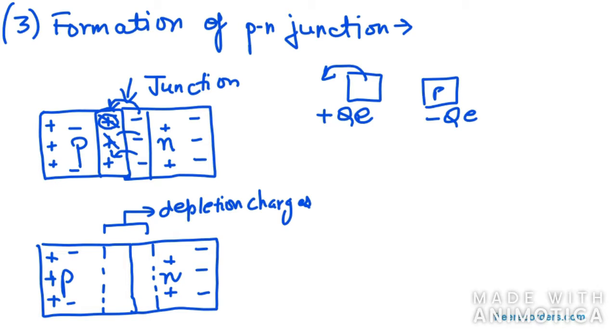So we have negative charges here and positive charges there. As you know from chapter 1, electric field always has a direction from positive to negative, so this will be in this direction. Therefore, we have an electric field in the depletion layer.